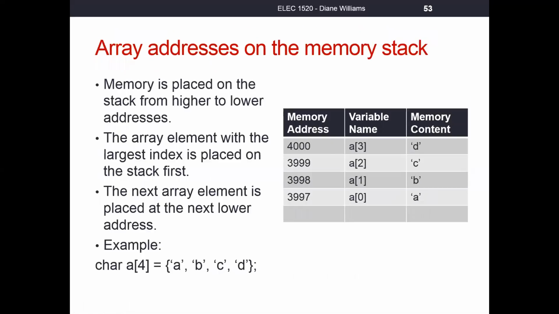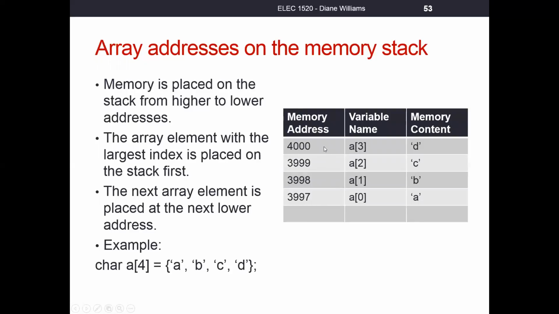Now, in the same way that we store an array in memory, if I create this character array here, A, it has 4 elements. A at index 0 is stored at the lowest address.